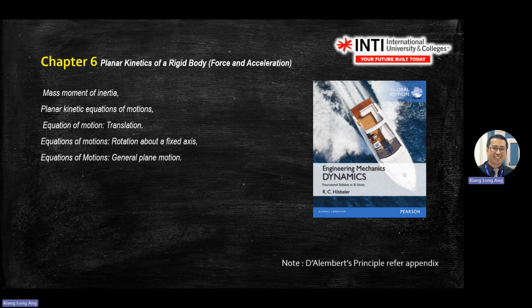When you do the transformation, when your alpha is constant, you substitute the 3 Newton equations with all these parameters. These are the things you need to take note of.